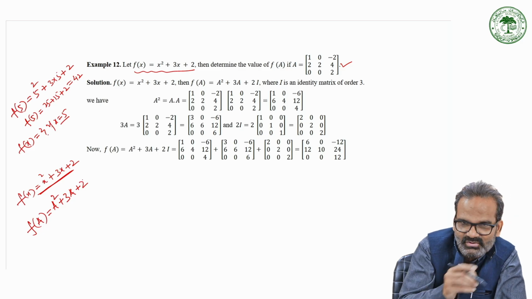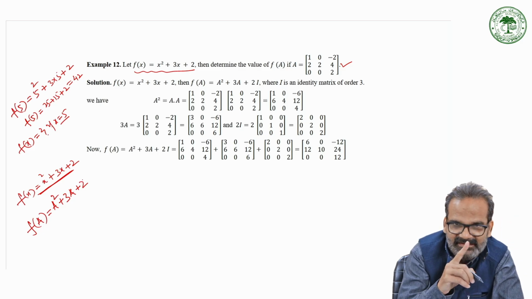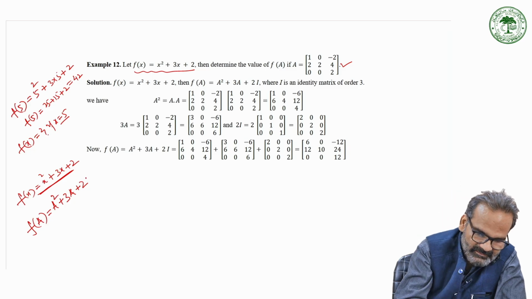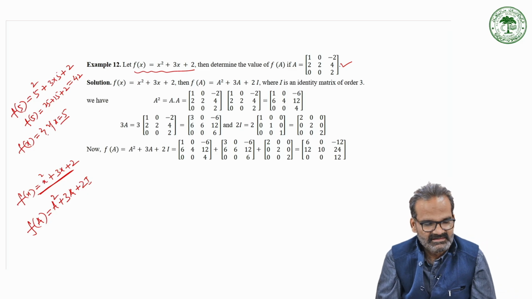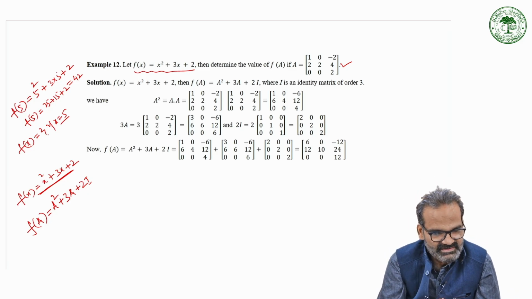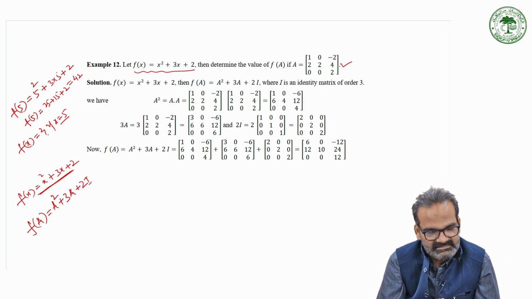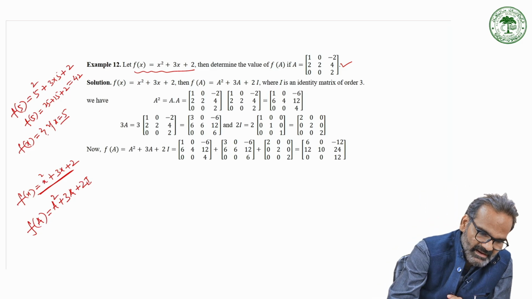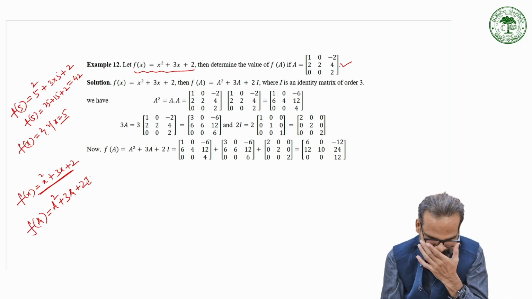And I have just told you in the last slide, a number can never be added to a matrix. Therefore, we multiply a number always with identity matrix. So f(A) is equal to A square plus 3A plus 2I, where I is an identity matrix, right?